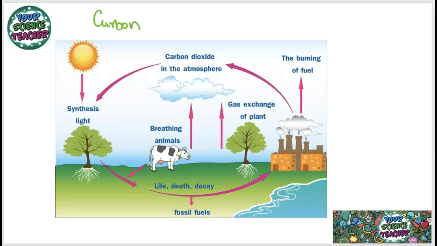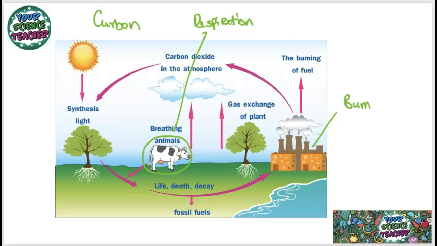Well, how does that carbon leave the ground? Well, it can leave in a few ways. For example, if a plant takes up that carbon as it grows and then is eaten by an animal, well, that animal is going to respire, and respiration is a key way that carbon dioxide is put into our atmosphere. As well as this, we also burn fossil fuels.